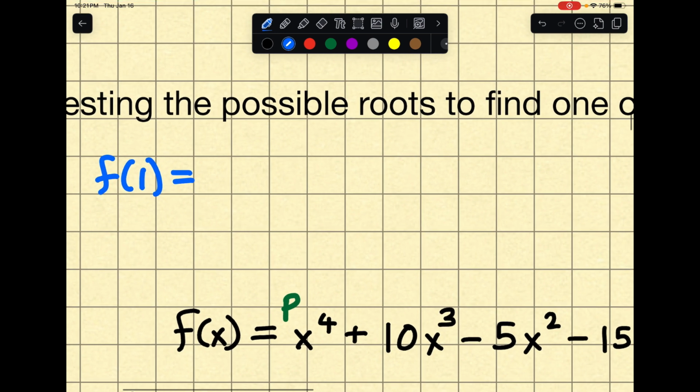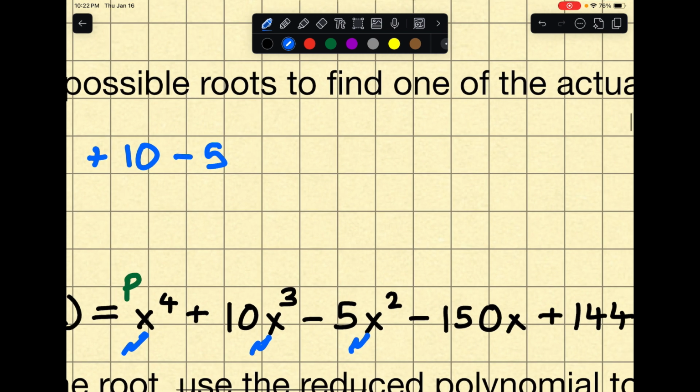So 1 is often easy to do. For instance, it's going to replace every instance of our variable essentially with 1, because 1 to any power is 1. So f of 1 is 1 to the 4th, which is 1, plus 10 times 1 cubed, which is just plus 10, and then minus 5 times 1 squared, which is just minus 5, and then minus 150 times 1, which is just minus 150, and then plus 144.